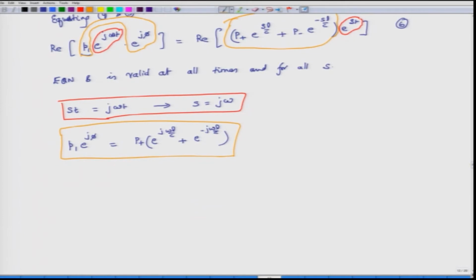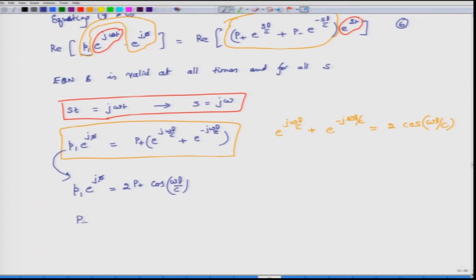Okay. Now, we know that e to the power of j omega L over c plus e to the power of minus j omega L over c is nothing but 2 cosine omega L over c. So, I get from here P1 e to the power of j phi equals P plus twice cosine omega L over c.